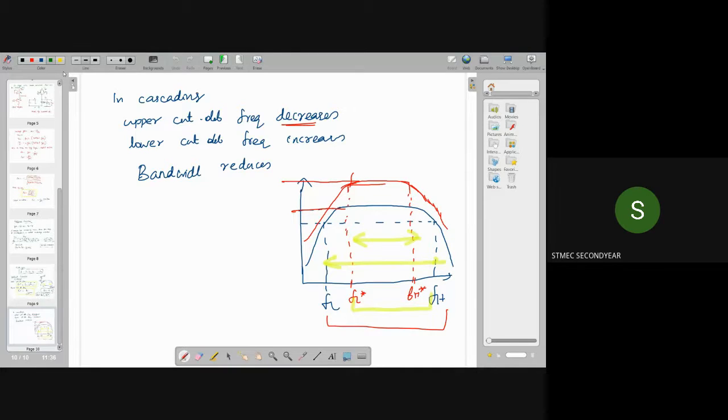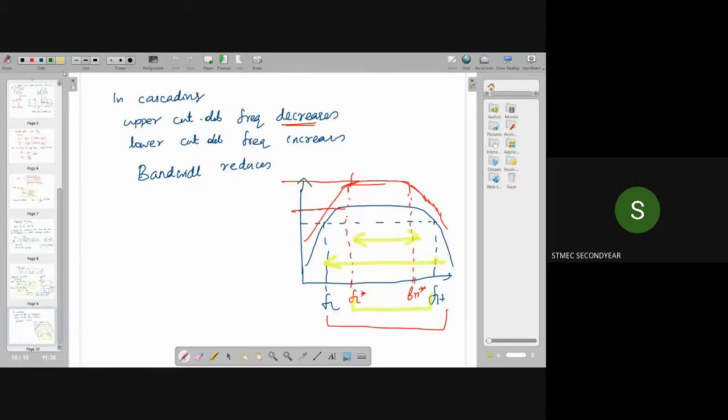So multi-stage simply means this: the practical requirements of an amplifier, such as gain and input and output impedance, cannot be met by using a single-stage amplifier. So for the practical applications of electronic devices and circuits, we go for multi-stage amplifiers.